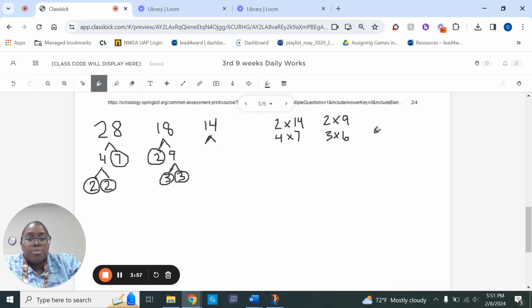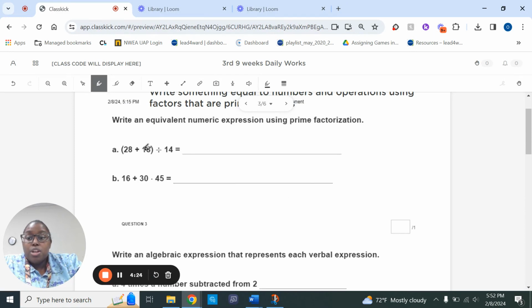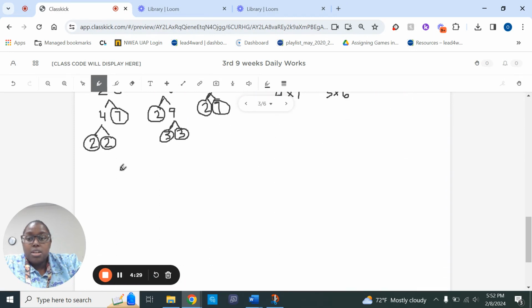Now, looking at 14. For 14, I can use 2 times 7 and 1 times 14, and I can't use 1. So there's only one option I can use for this one, and that's 2 and 7. So now I have prime factors for each and every one of these. Let's go back up so we can see. The prime factors of 28 were being added to the prime factors of 18. So, parentheses, and if I have a repeating number, I'm going to write an exponent.